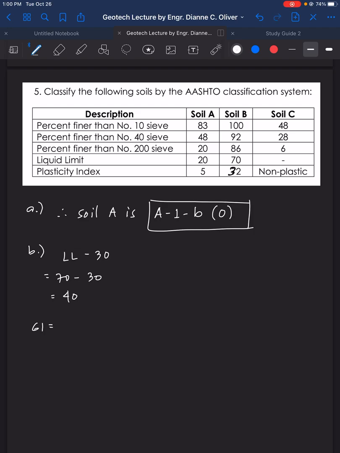So GI is equal to, what's the formula for GI again?